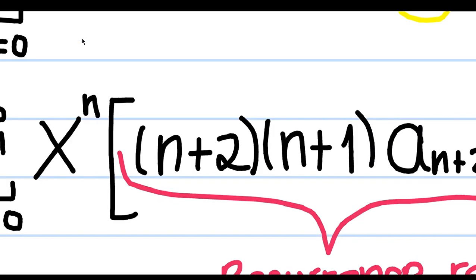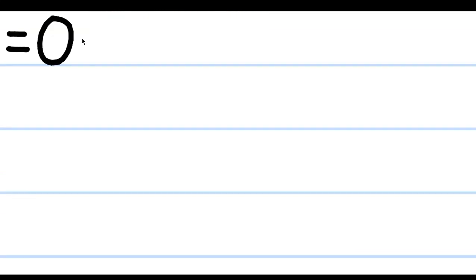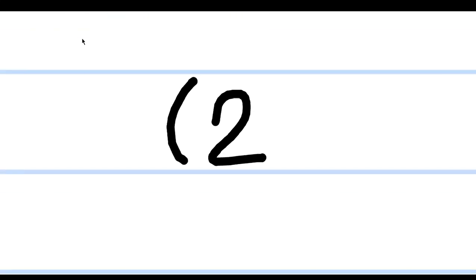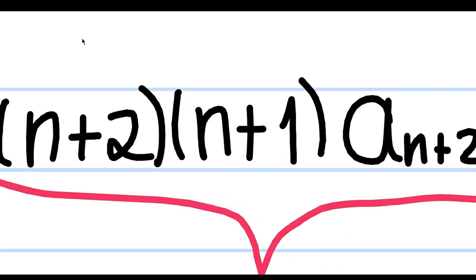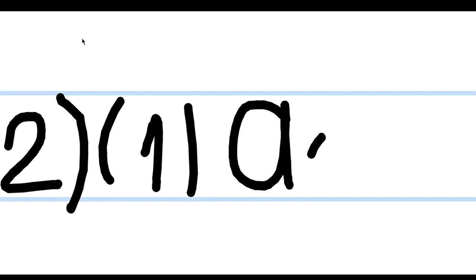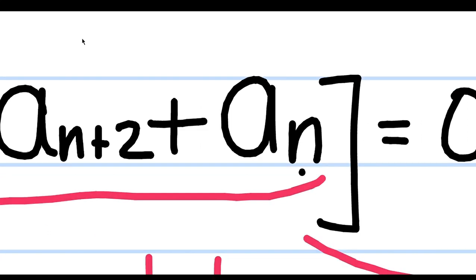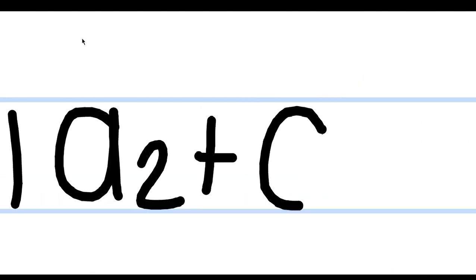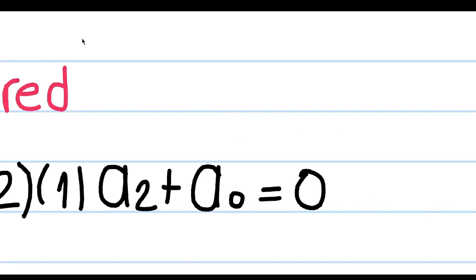we have n plus 2 would be 0 plus 2, which is 2. n plus 1 would be 0 plus 1, which is 1, times a sub 2 plus a sub 0, and this is equal to 0.